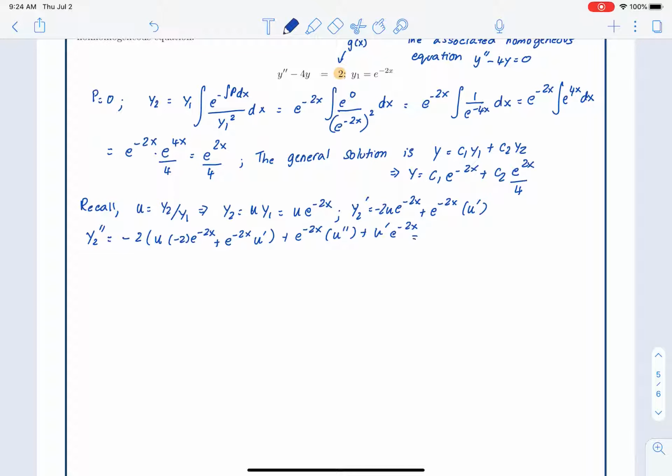We need a little bit of simplification here: 4u e raised negative 2x, negative 2u prime e raised negative 2x, plus e raised negative 2x u double prime plus u prime e raised negative 2x.